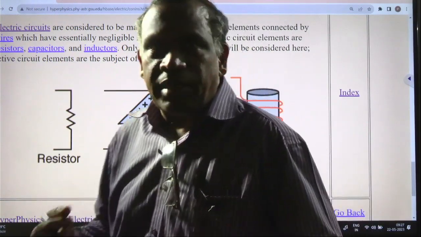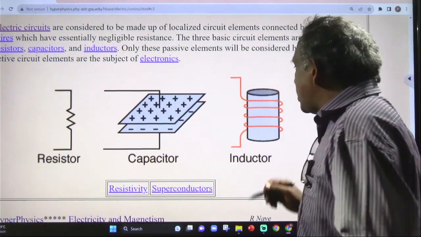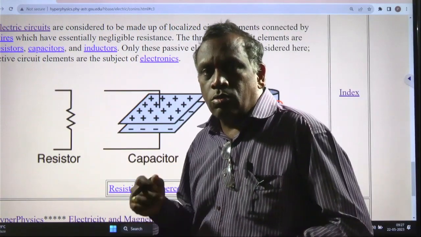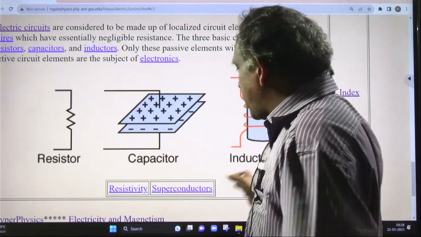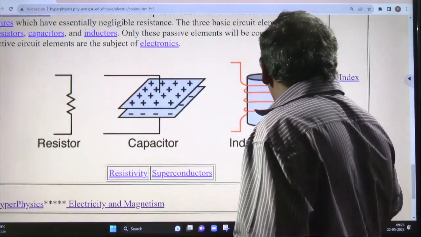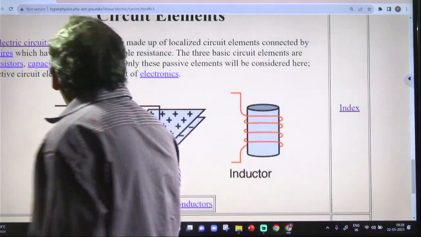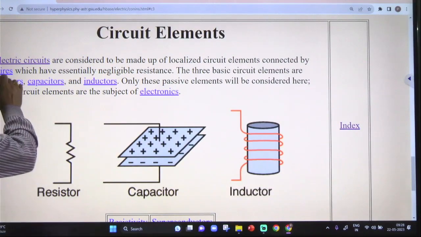And an inductor is something like a coil. If the conductor is arranged in the form of a circular coil, that is called an inductor. So these are some of the circuit elements.